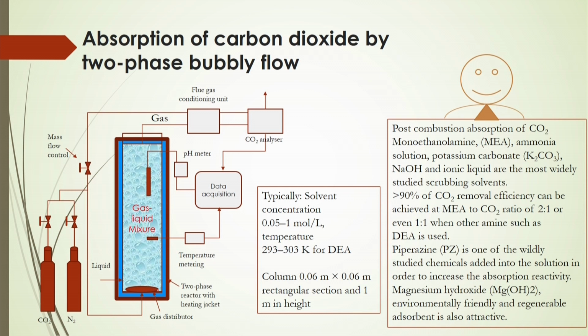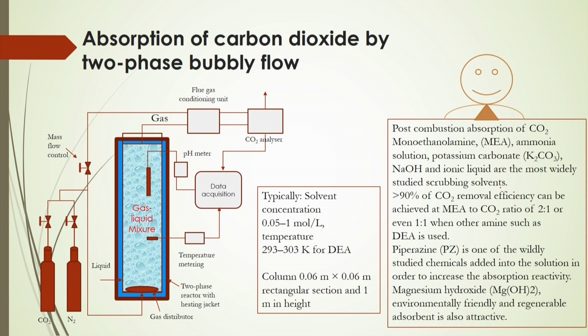So, in this case, carbon dioxide along with nitrogen from the cylinder comes into the column through the sparger as a dispersed phase of bubbles in a solvent. The solvent may be any of those, methyl ethyl amine or ammonia solution or potassium carbonate, as given in the list.